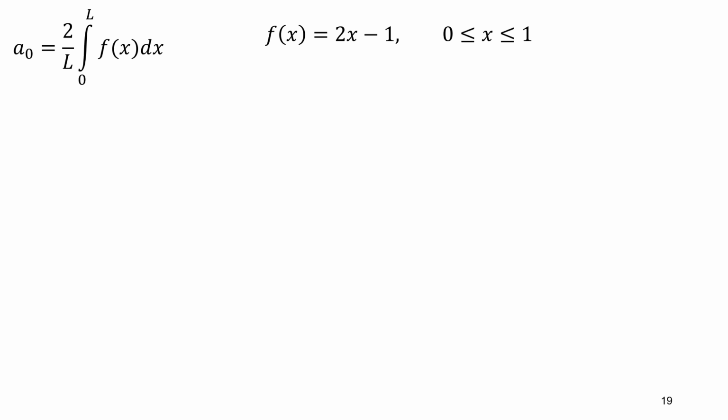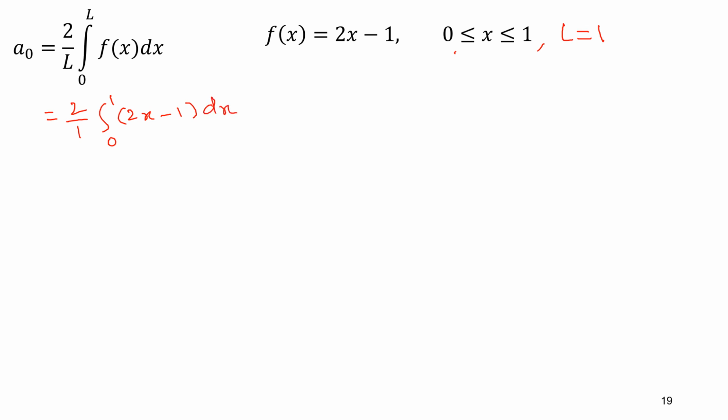Here f(x) is given as 2x minus 1 and the interval is 0 ≤ x ≤ 1. So the value of l, the length of the interval, is 1. So it is 2/1, integral 0 to 1, (2x minus 1) dx.